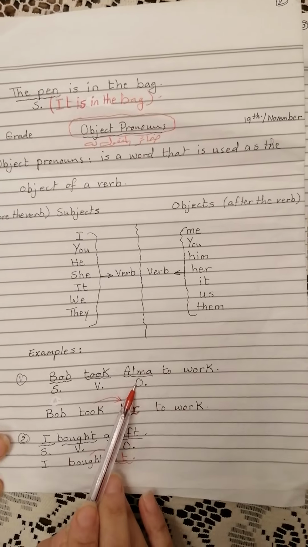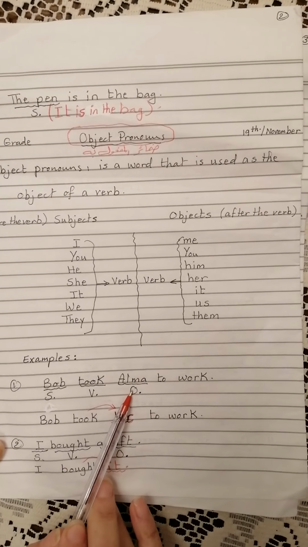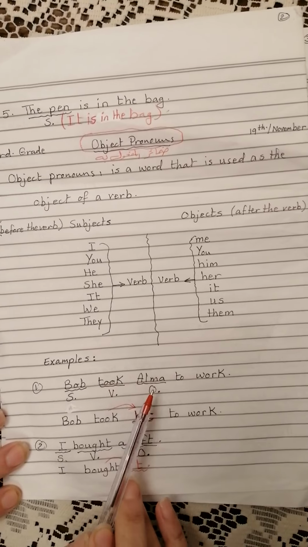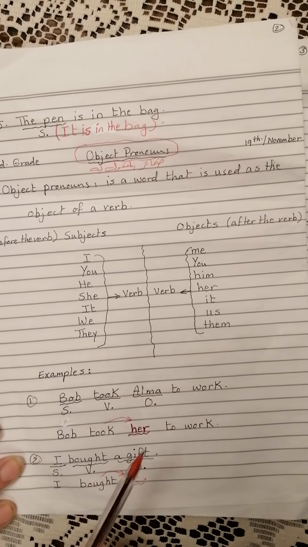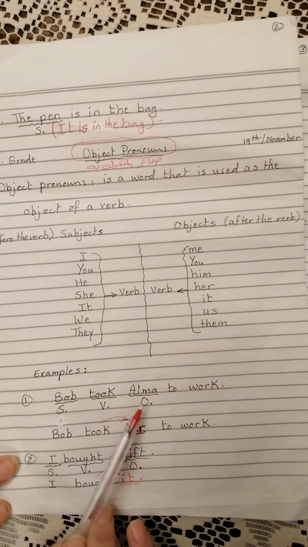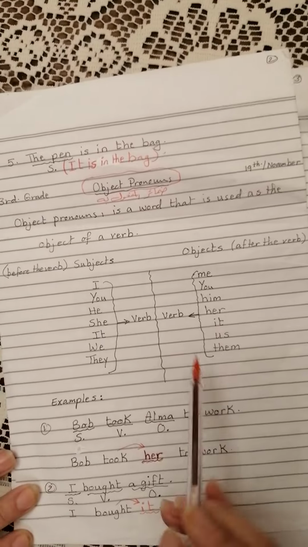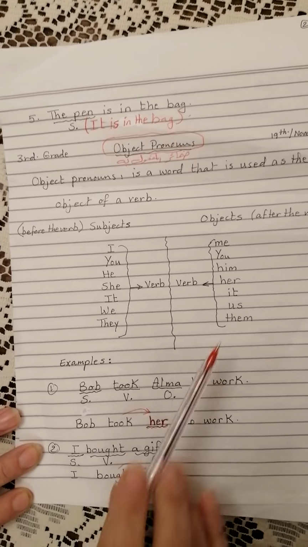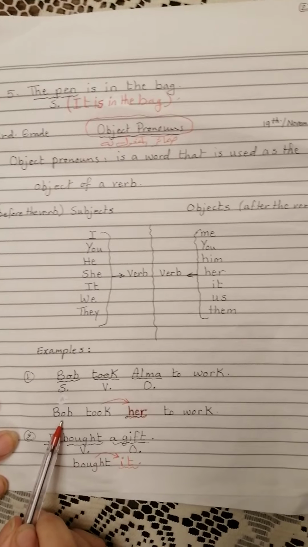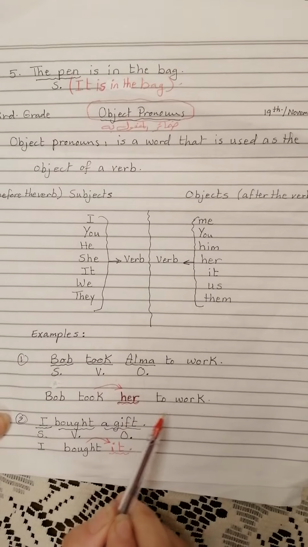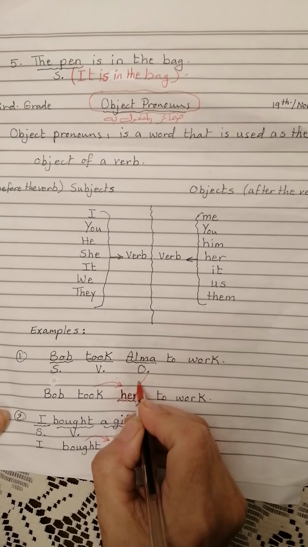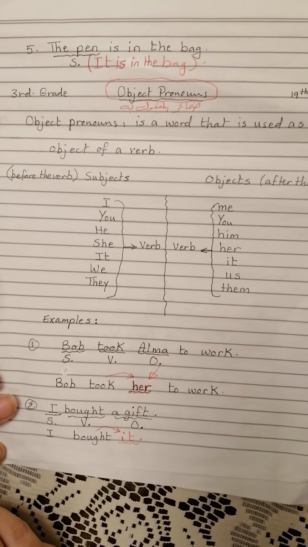Alma is a girl, and what is the object pronoun for Alma? Her. Excellent. So we will say Bob took her to work. We put her instead of Alma.